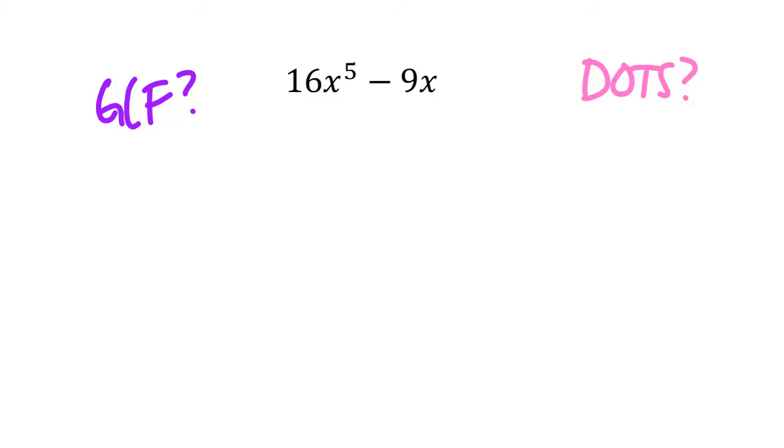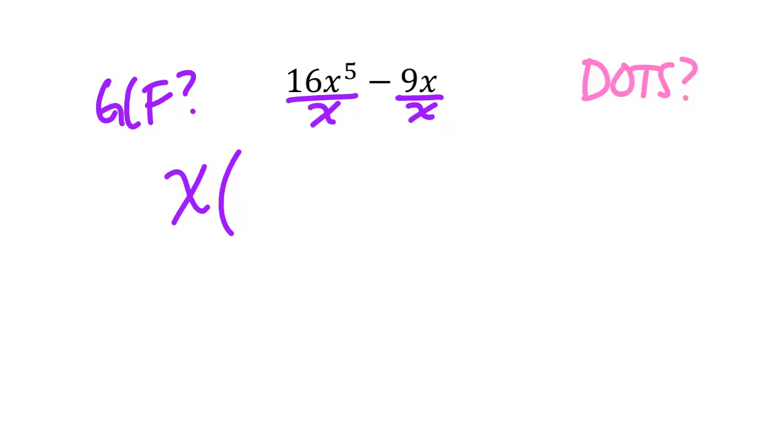All right, so what was our GCF here? X. X is our GCF. Only X because the only factors of 9 are 1, 3, and 9. 3 does not go into 16 and 9 does not go into 16. So I can only take out an X from both of those.